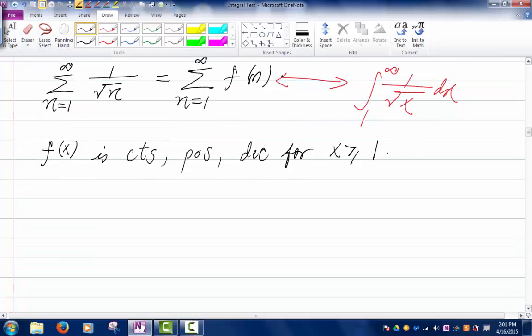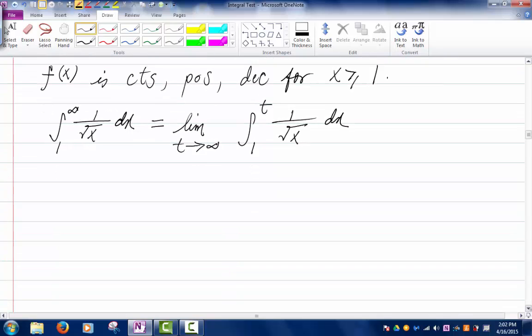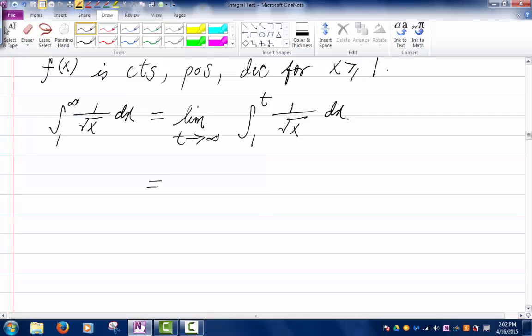So what do I do? Well, I just compute that integral. So what's the integral from 1 to infinity of 1 over root x dx? Well, I take the limit as t goes to infinity, integral from 1 to t, 1 over root x dx. Okay, what's the antiderivative of 1 over root x? Anybody? 1 over root x is what?